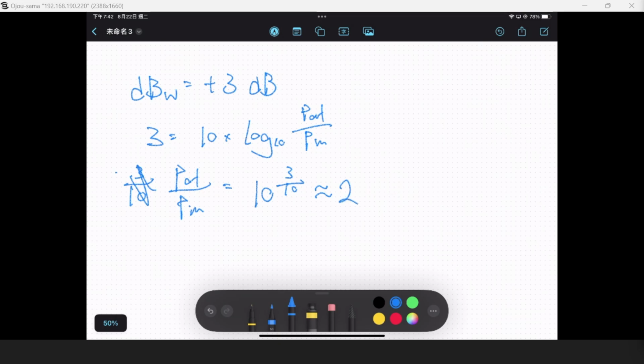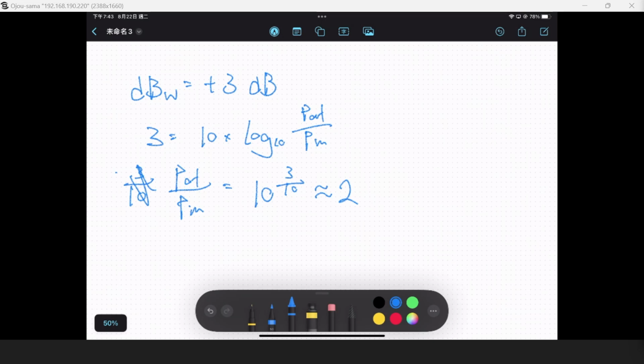So if you have a number doubled, you immediately know it is 3 dB. Okay. So if you don't know how to do the logarithm very easily, just remember that 3, 6, and 10 are the magic numbers. Okay. 3 is 2 times, 6 is 4 times, and 10 is 10 times.